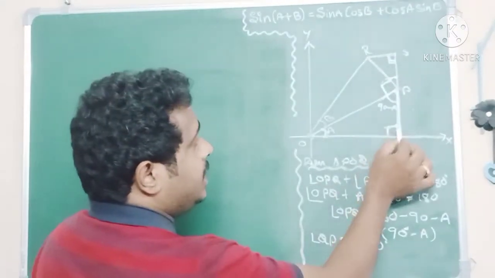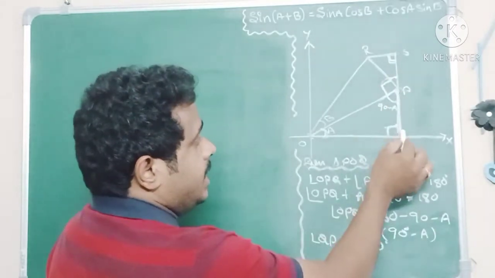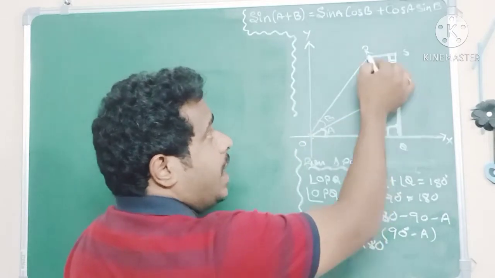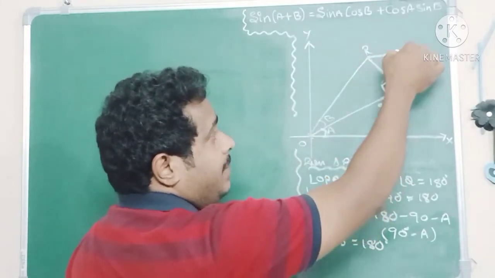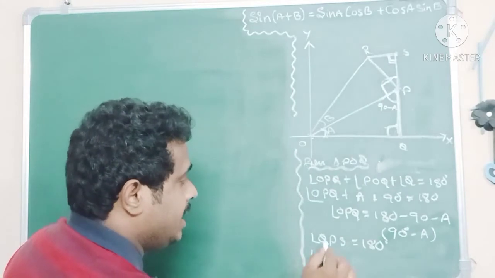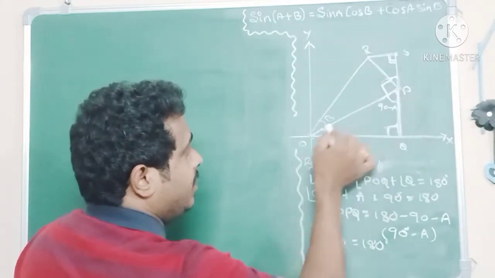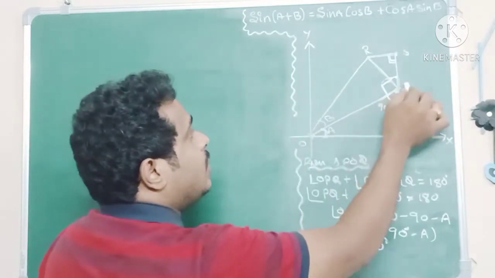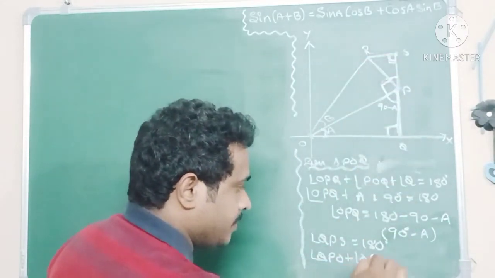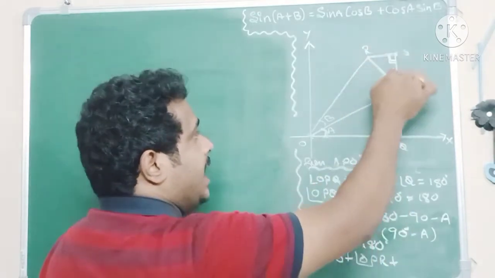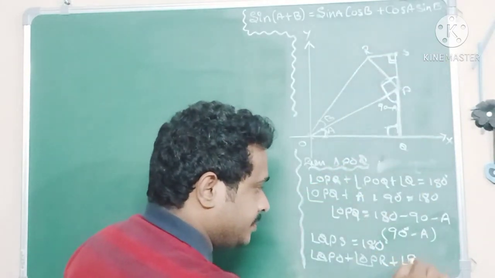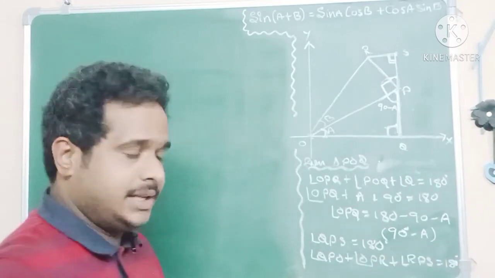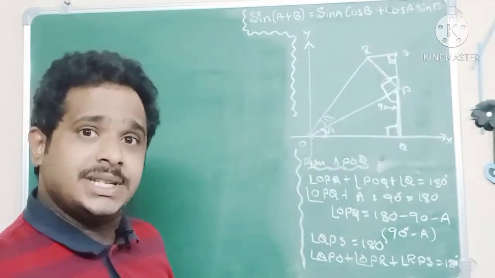Angle QPS is nothing but angle QPO plus angle OPR plus angle RPS equals how much? 180. Straight angle.